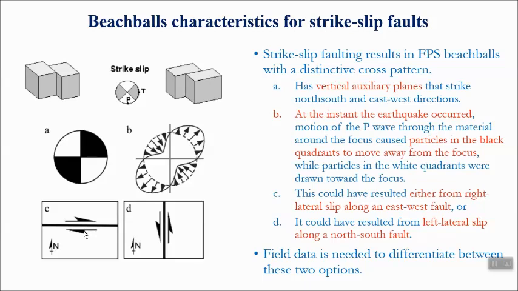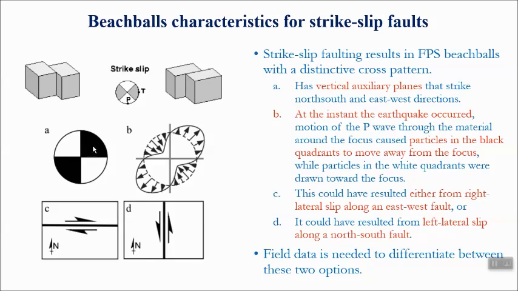So in this beach ball diagram, if the dark color represents the tension and the white color represents the compression, the sense of movement will be from the white to the dark color, which will represent the right lateral slip along the fault.